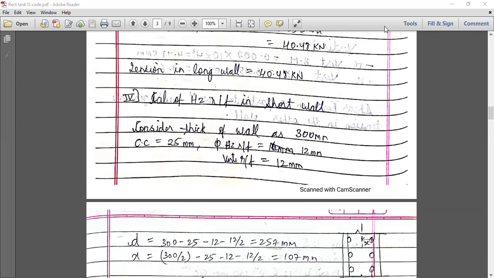ठीक है, just tell me the thickness whatever we have taken, is that correct in this PDF, जो value लिया है. ठीक है, so you are also getting exactly 300.